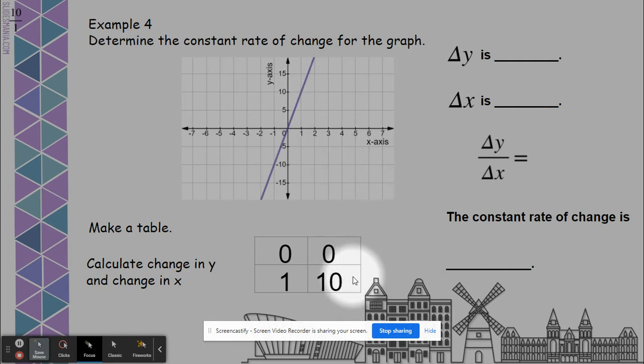Now I'm going to find the change in y, which is going to be 10 minus 0, or 10. The change in x, which is going to be 1 minus 0, which is 1. Then I'm going to calculate 10 divided by 1. The constant rate of change is 10. It's not a fraction like the other one. It's a whole number, 10.